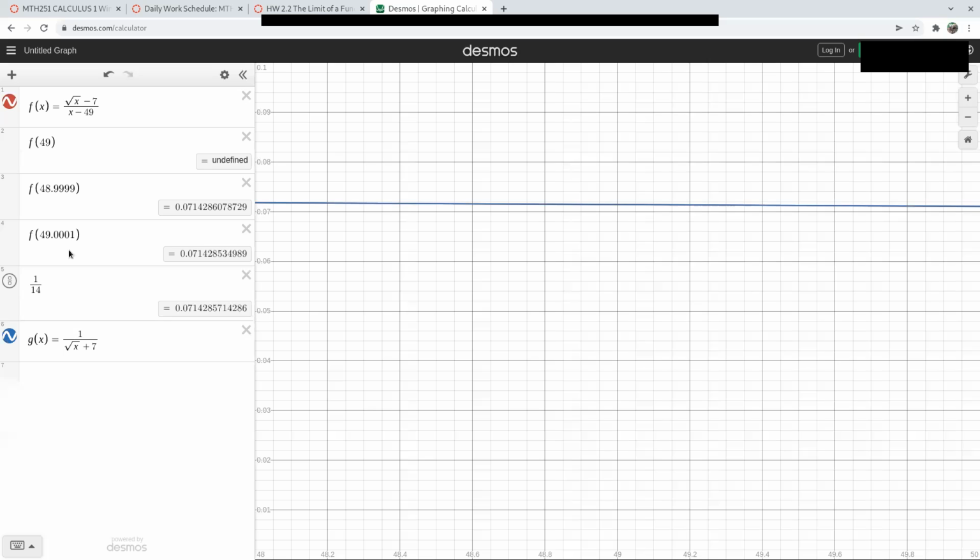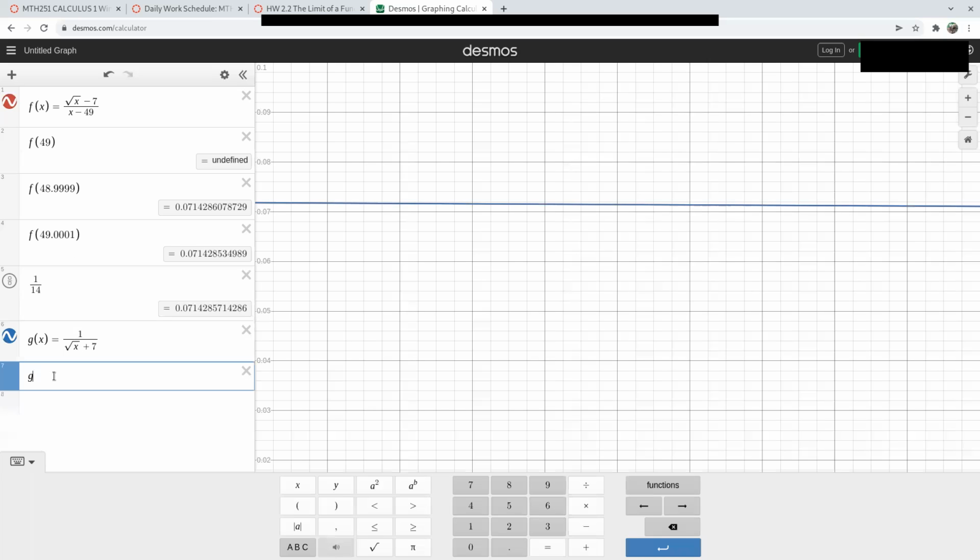And they should agree on numbers. So for example, if I ask g what it thinks about 49.0001, it should give me the exact same number that I had up here. Oh, interesting. It does not. So Desmos must be having some trouble computing in there.